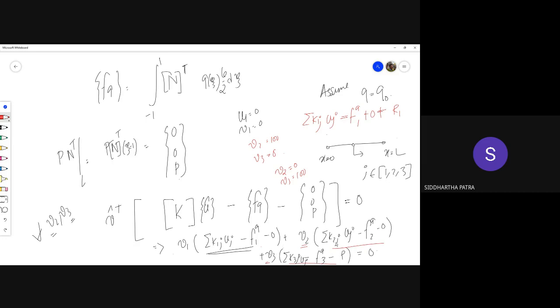Using all the understanding that we developed in the previous example, you can write down the system equations, and it would be simply K times U hat equals your FQ plus 0, 0, P plus R1, 0, 0, because the bar is being held at x equals 0, and wherever you hold something, there you have the reaction force.